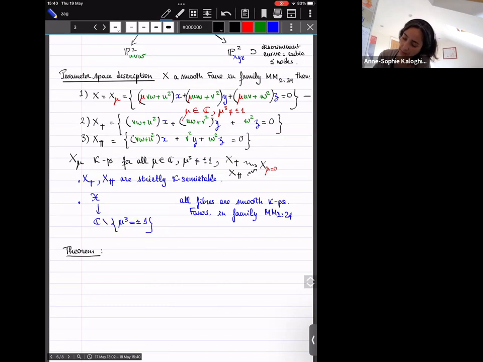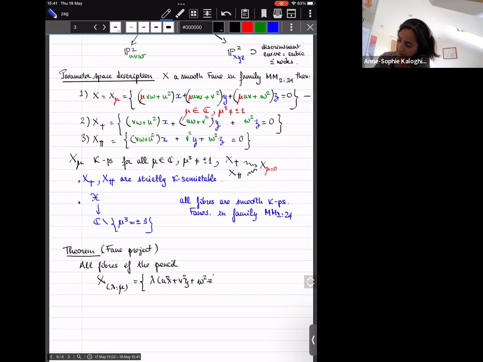So in the book, we showed that all fibers of the pencil X lambda mu, where the equation of X lambda mu is lambda times U squared X plus V squared Y plus W squared Z plus mu times UVW X plus UWY plus UDZ equals 0.